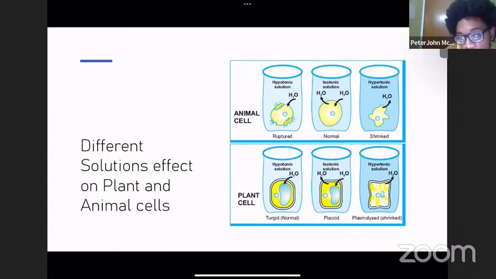Because describe the concentration outside. The concentration outside of the cell. Is it more or less concentrated? Less concentrated. Describe the concentration inside the cell. I'm gonna start picking on people. Hypertonic.